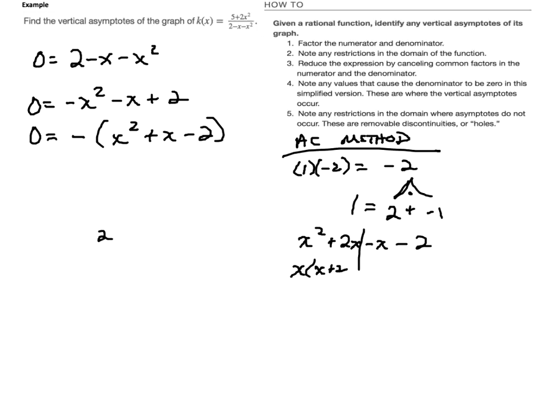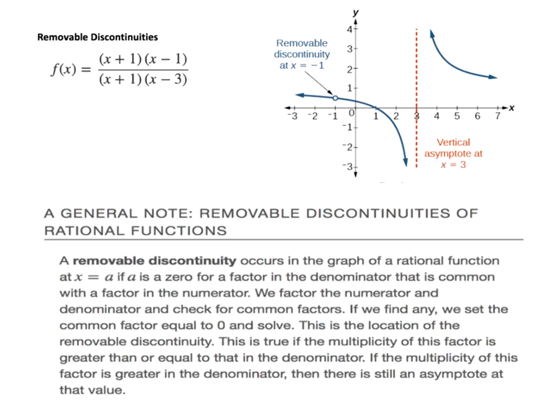And then I have a negative x plus 2, x minus 1. There are no factors that divide out between the numerator and the denominator, so both of these are asymptotes. Vertical asymptotes, to be precise, not holes.